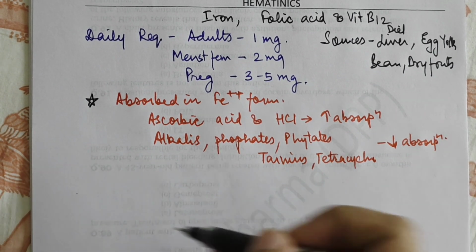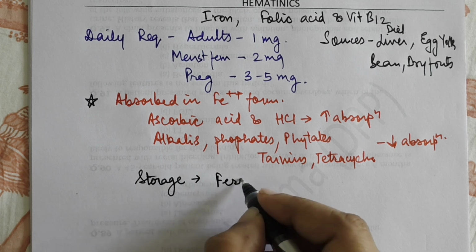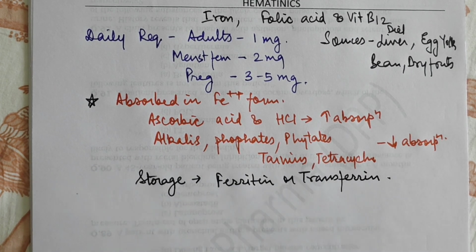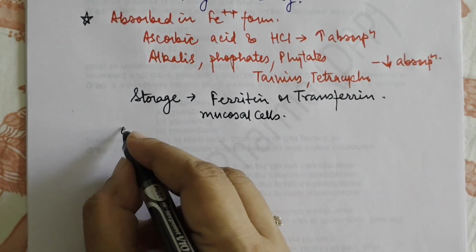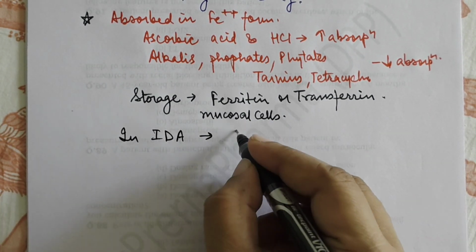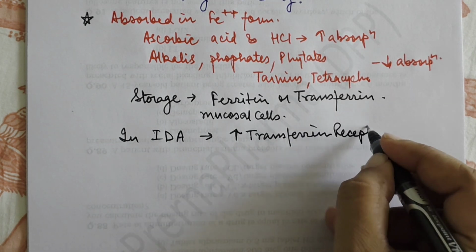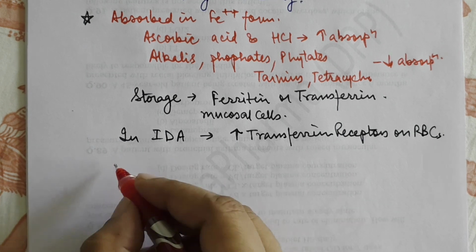Okay, storage of iron in our body is done as ferritin, or it is transported in the blood as transferrin. Okay, as ferritin it is stored in the mucosal cells. Now in iron deficiency anemia, there's an increase in the transferrin receptors on RBCs for erythropoiesis.